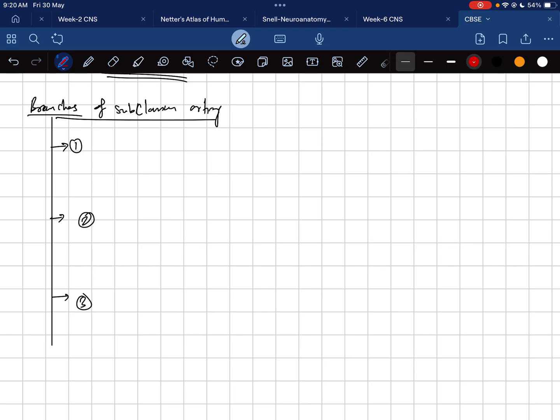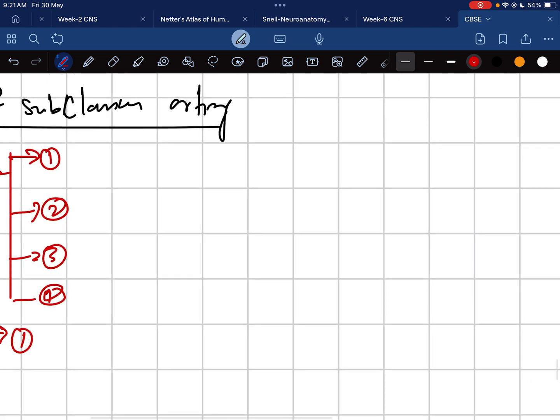In the first part, there are 4 branches, and in the second part, there is only 1 branch, and in the third part, there is only 1 branch.